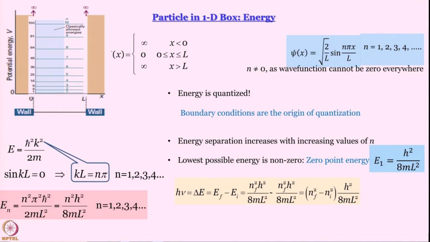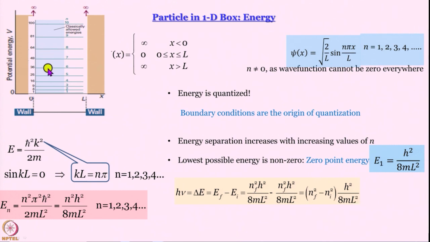Now, what is delta E equal to h nu? Suppose there is a transition from some initial level i to some final level f. Delta E turns out to be nf square minus ni square multiplied by h square by 8 ml square. Okay. Now, let us say that f is equal to i plus 1. Let us talk about the energy gap between two successive levels. Then what will I get? That is going to be proportional to 1 by L square.